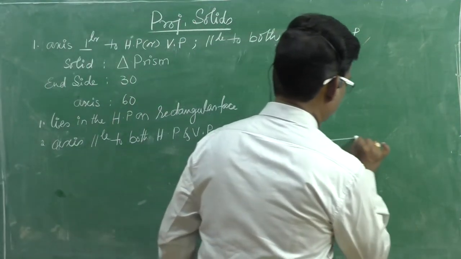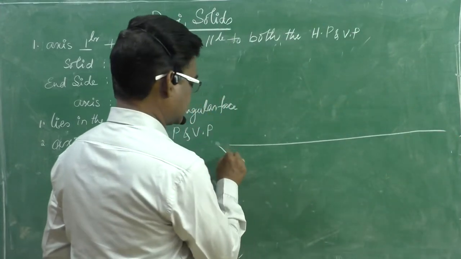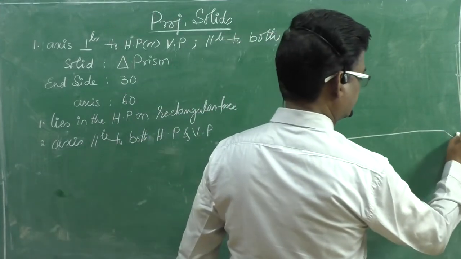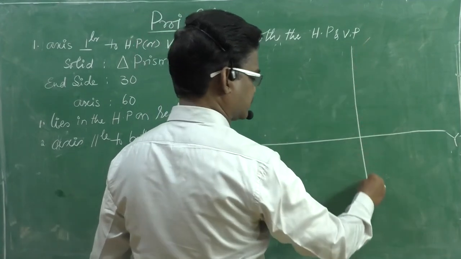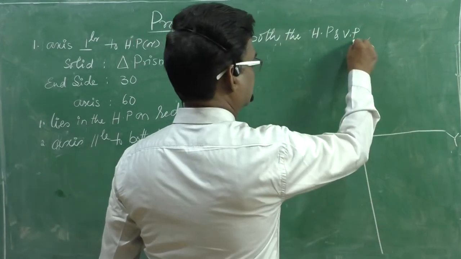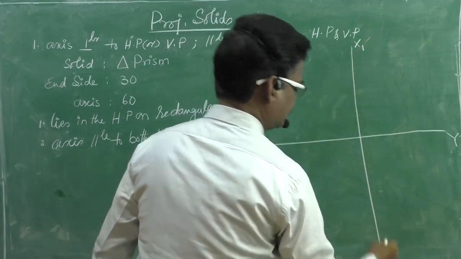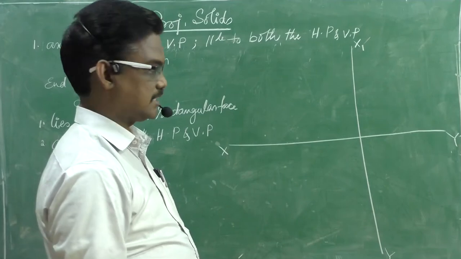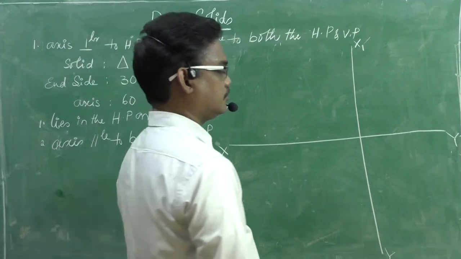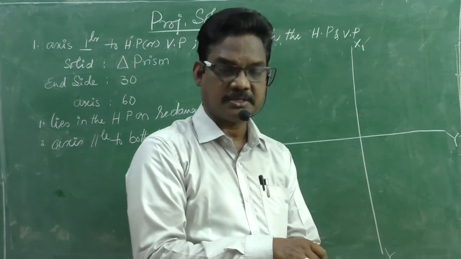This is the reference line, and for the side view, one more reference line we need to draw. Let it be x1, y1. This is an auxiliary reference line. Now, it lies in the horizontal plane.